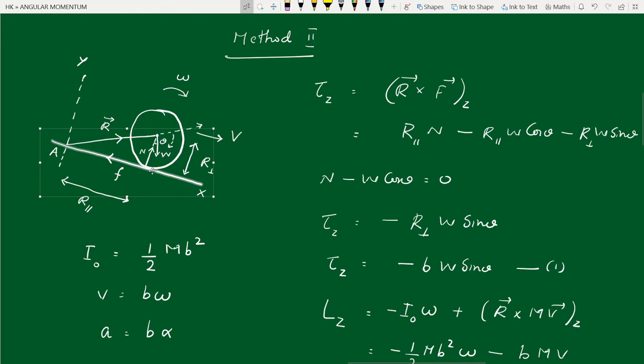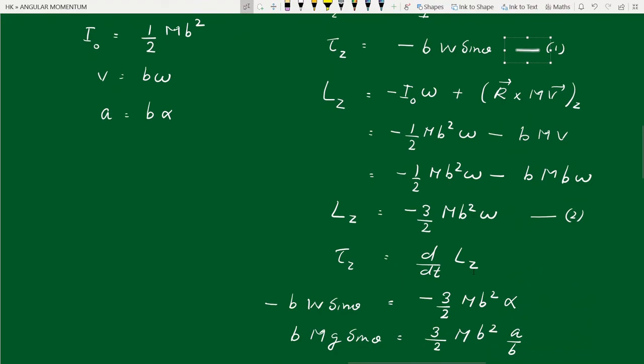What is the magnitude? Perpendicular distance times force. The force is W sin theta, and the perpendicular distance is b. So minus b W sin theta, which is directly equation 1. So instead of considering N and W cos theta, we can directly write the torque as minus b W sin theta. The remaining parts are the same.